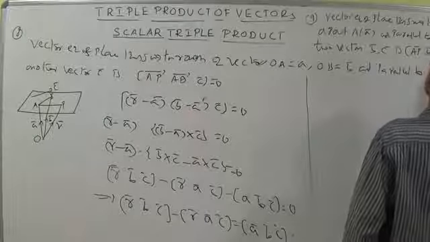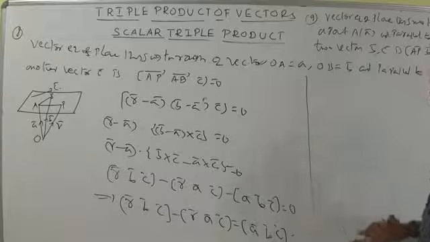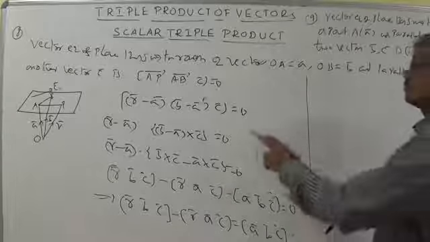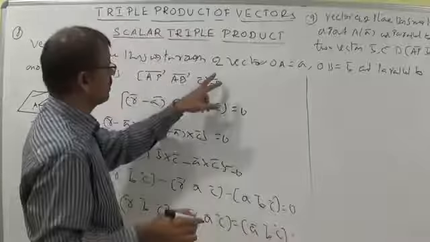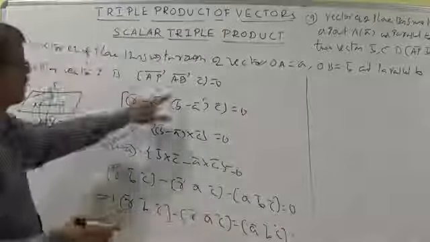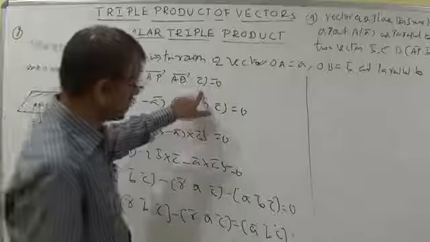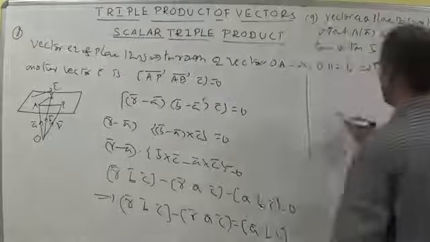Box AP BC, these are small letters. Whenever he said 2 points, position vectors AP, AB, like this you should write. Later, whenever he is discussing only one vector parallel, simply small letters will indicate. Here AP, BC are small letters.